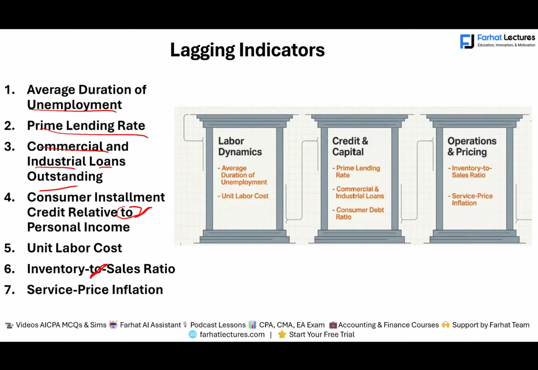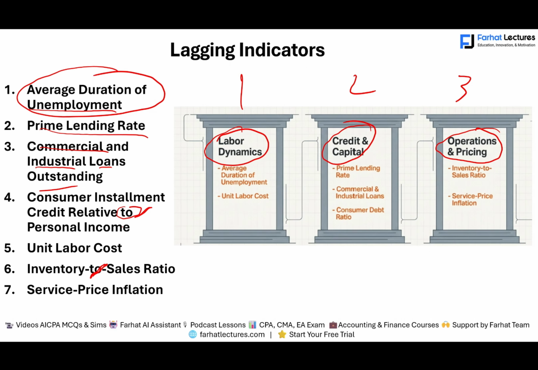And those indicators are broken into 3 categories: labor dynamics, capital and credit, and operations and pricing. So in this session, just like in every session, once I have a list of items, what do I do? I cover each item separately, starting with the average duration of unemployment.